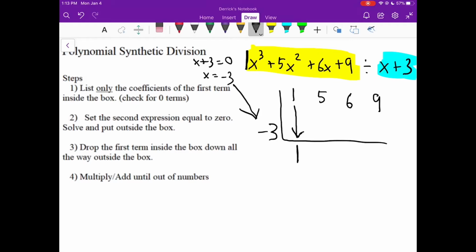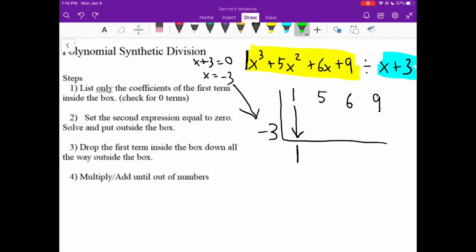If you remember with long division, every time we wrote part of our answer, we'd have to multiply that answer back to the side so we could subtract it away. Just like that, in synthetic as well, when we write an answer outside the box, we have to multiply it back to the side. We just wrote that 1.